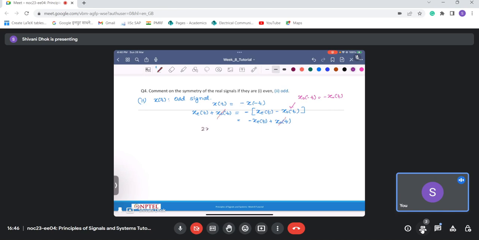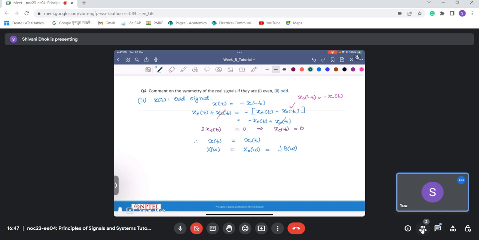So we have 2 times x even t is equal to 0, which means that x even t is equal to 0. Therefore, x of t is equal to x odd of t, which means that x of omega is equal to x odd of omega, which is equal to j times p of omega.